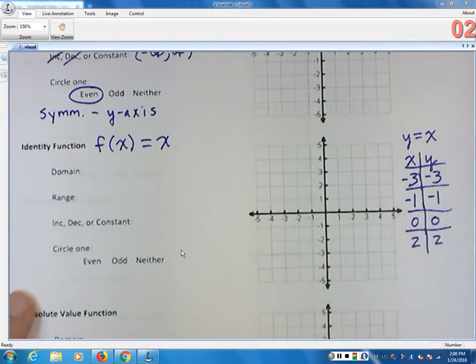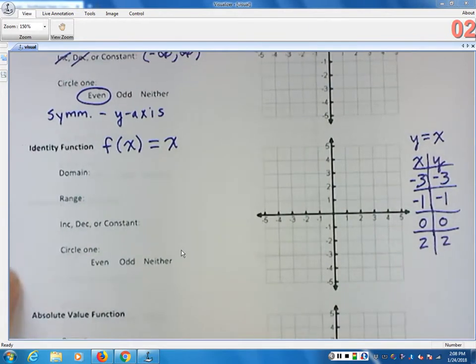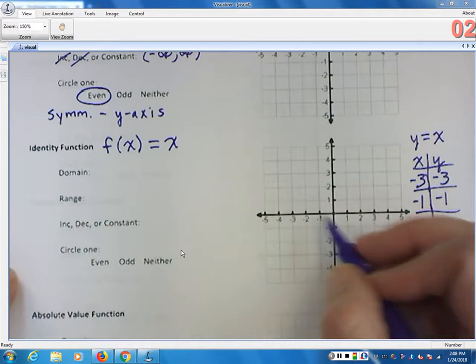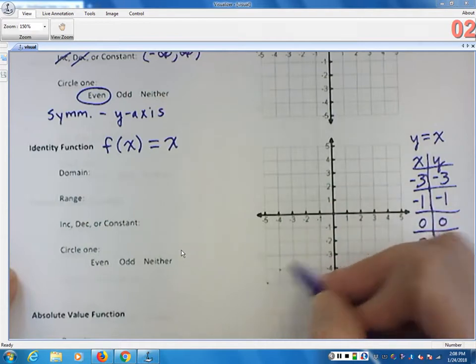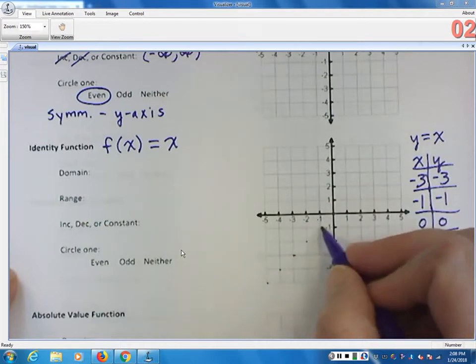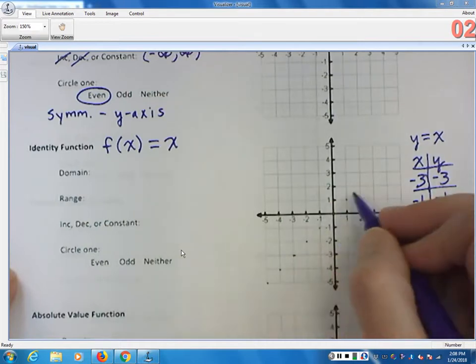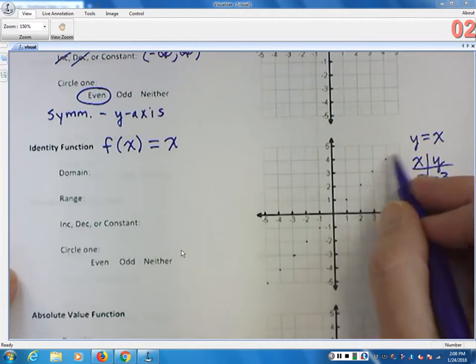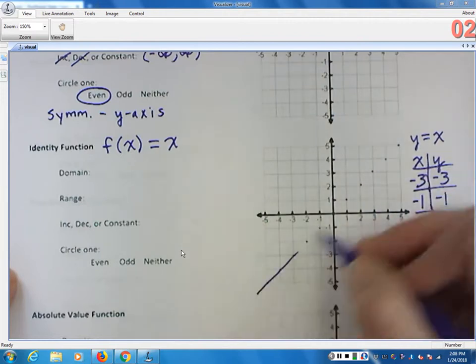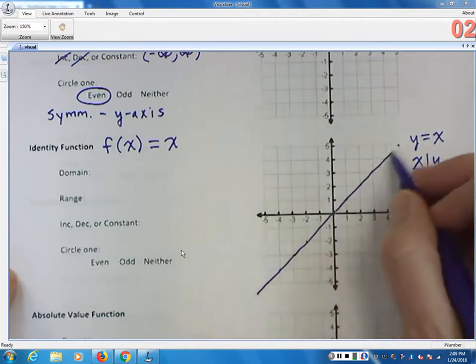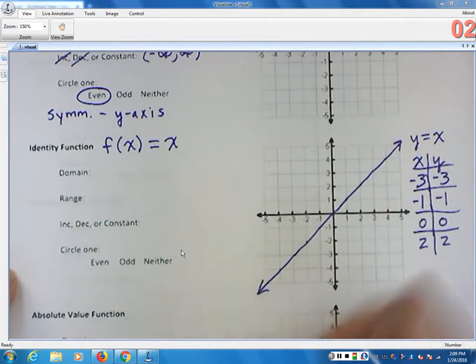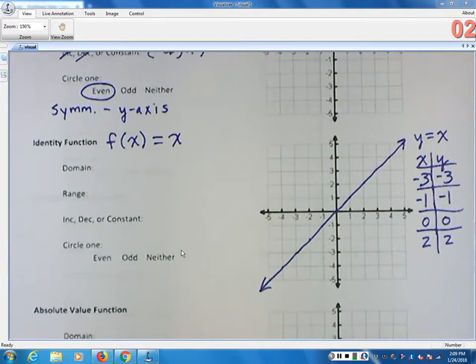You can graph that. It's the diagonal line here. That's it. This is the identity function, f of x equals x.